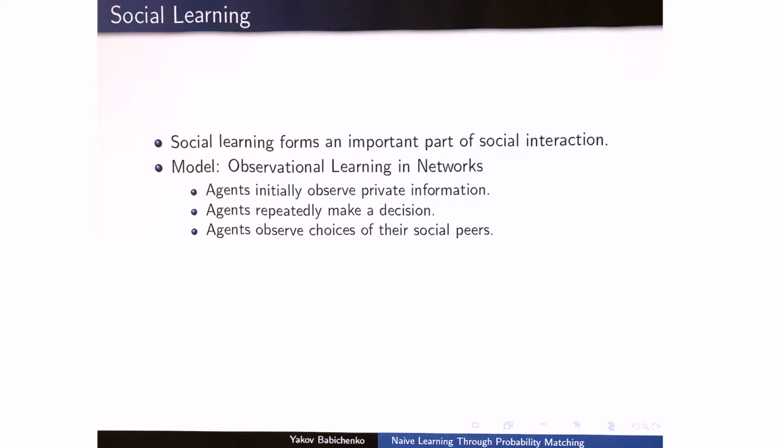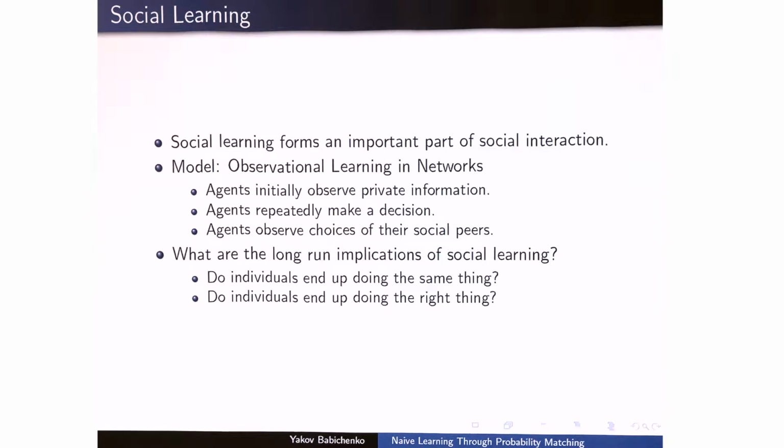Then agents repeatedly make decisions, and they observe the choices of their peers. The questions that the social learning literature typically addresses are the following. Do individuals end up doing the same thing? And do individuals end up doing the right thing? These are the types of questions that are typically asked.